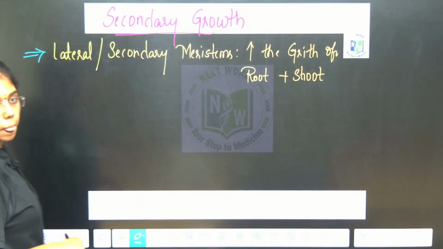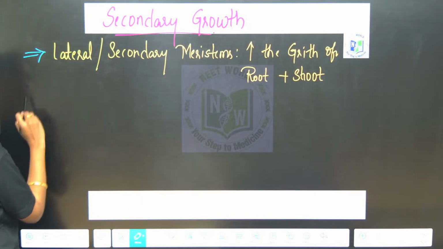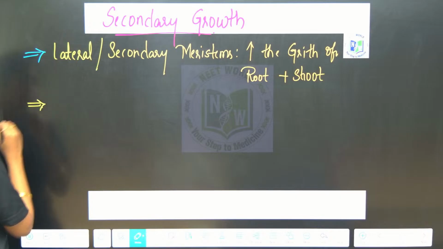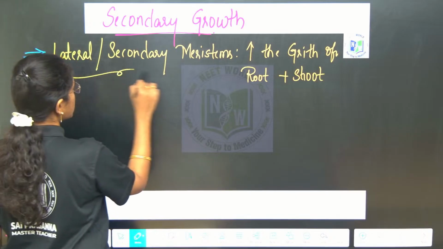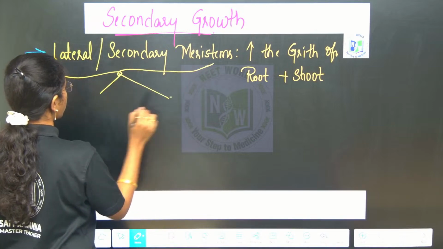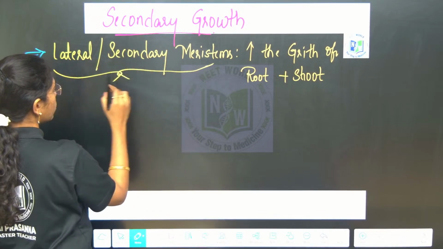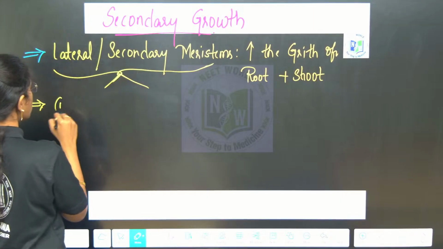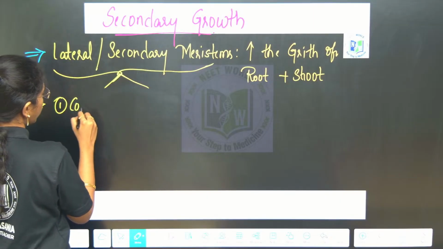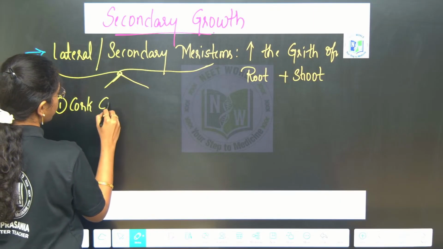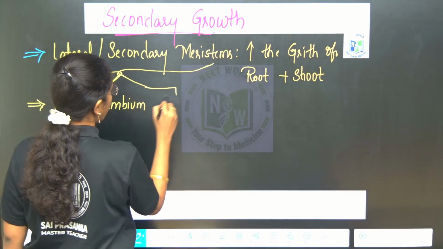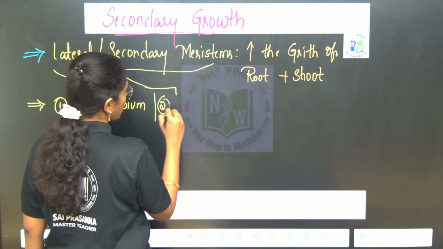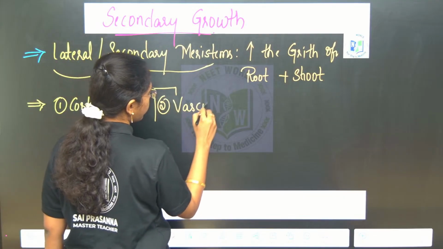Now, this is about lateral or secondary meristems. What are the lateral or secondary meristems? As such, you can see two types of growth. First is cork cambium and second one is vascular cambium.